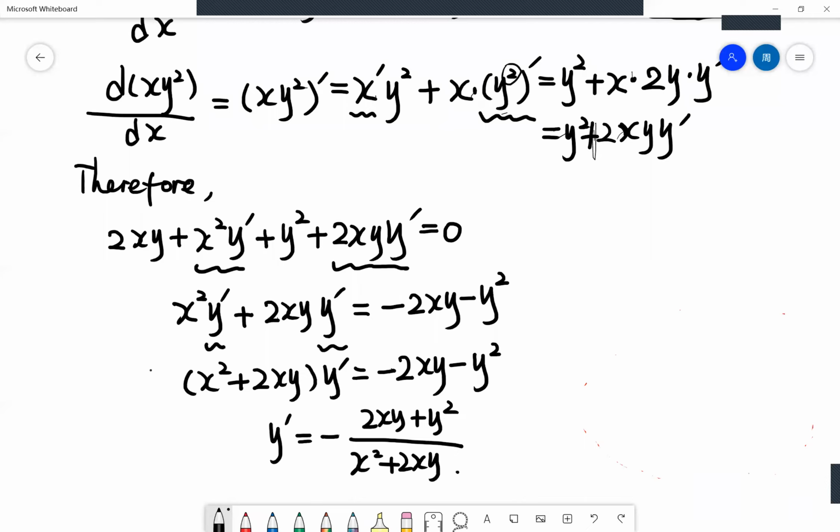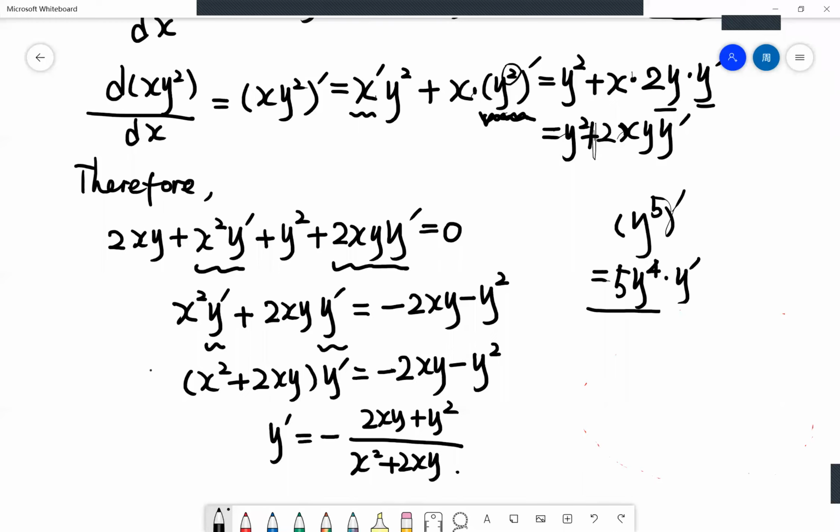So pay attention to here. If you see y squared prime, don't forget that should be 2y times y prime. If here, for example, y power 5 prime, that should be 5 y power 4 and then times y prime.